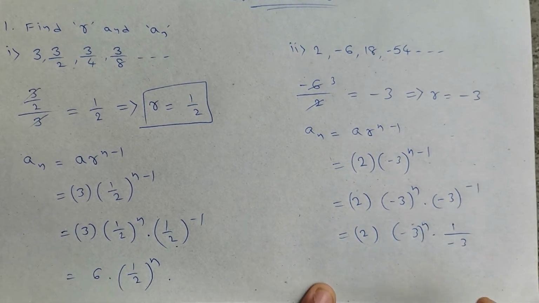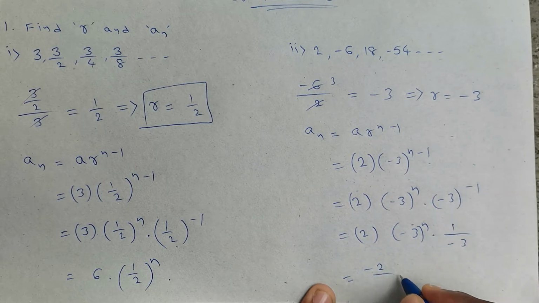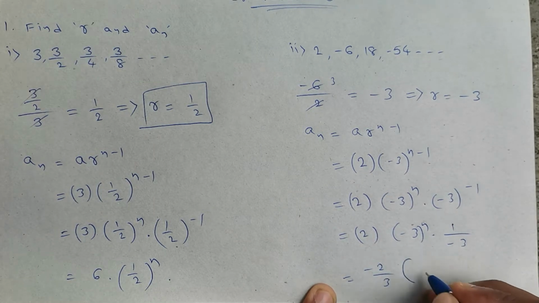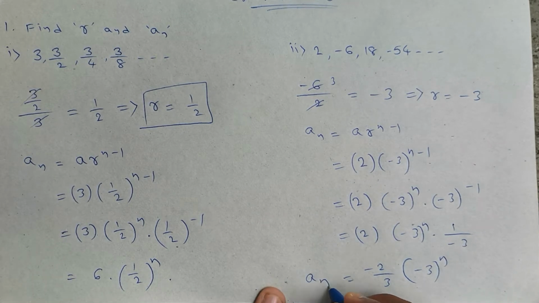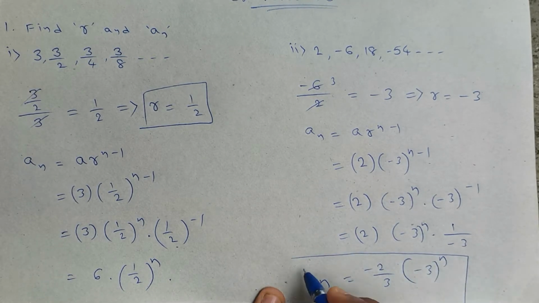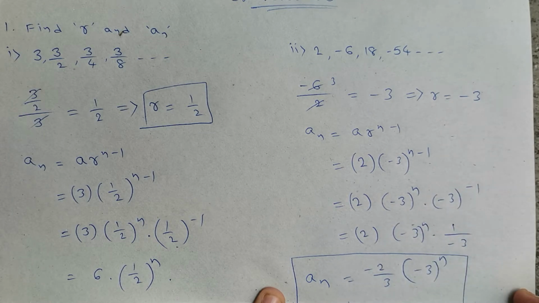So now 2 into 1 by minus 3 is nothing but minus 2 by 3, into minus 3 whole power n. So a_n, or the nth term of the GP, is minus 2 by 3 into minus 3 power n.